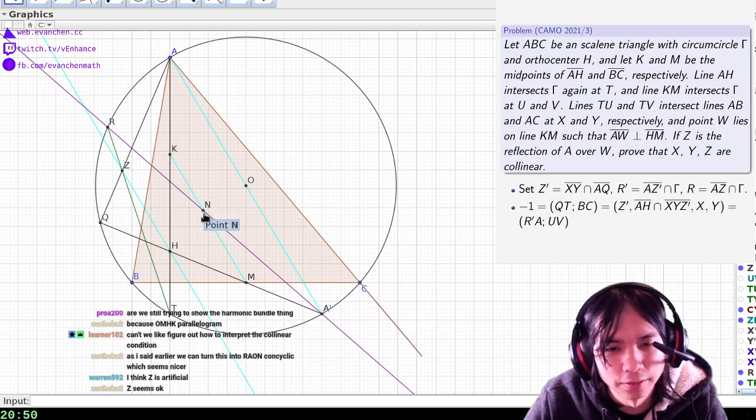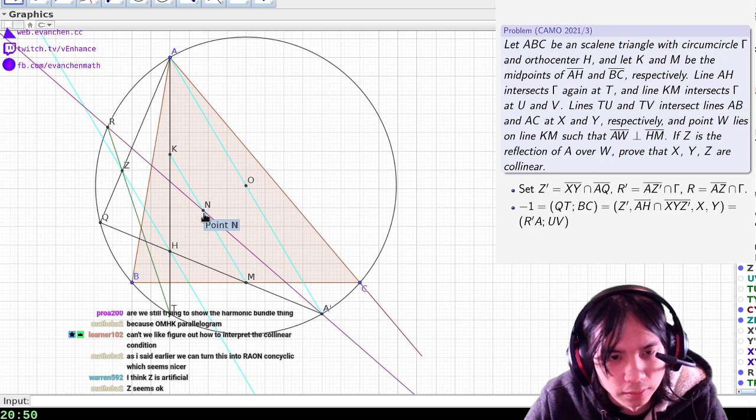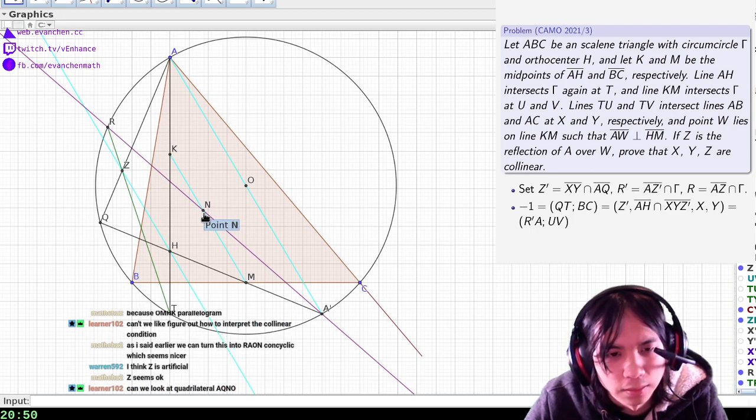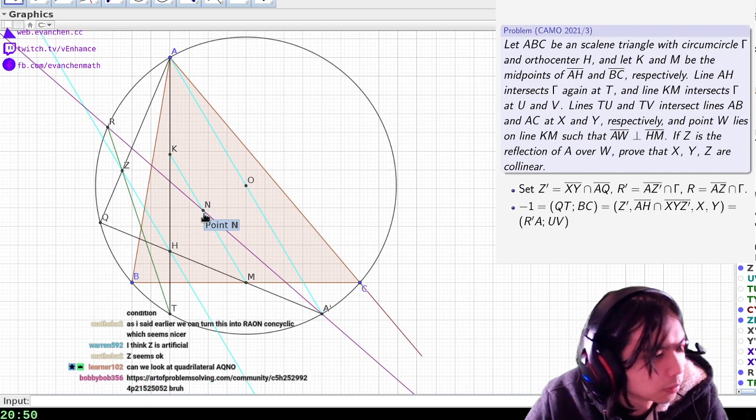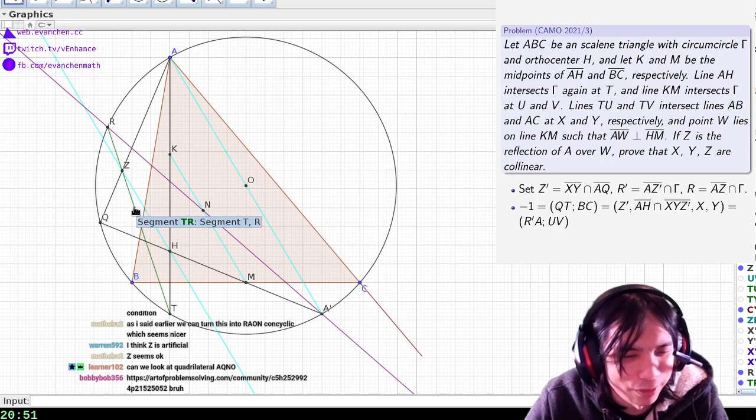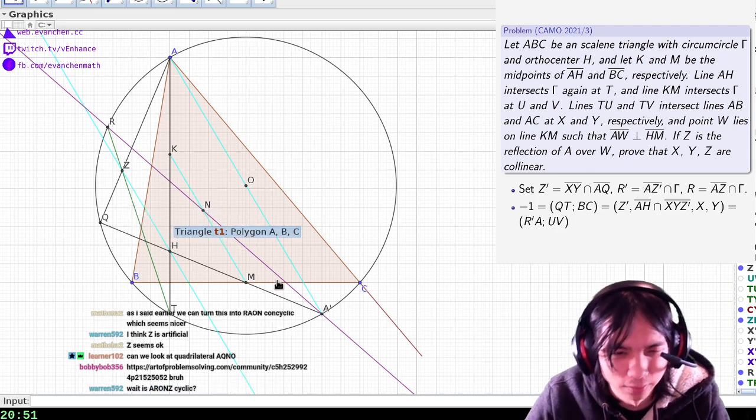Yeah, I agree it's equivalent to RAO being cyclic. This is a little artificial, but I don't know if we can easily get rid of it.